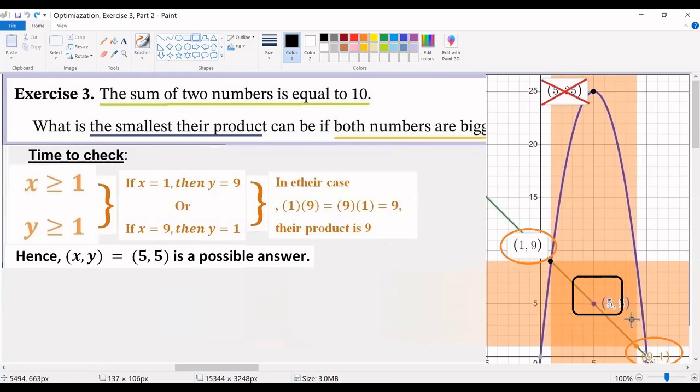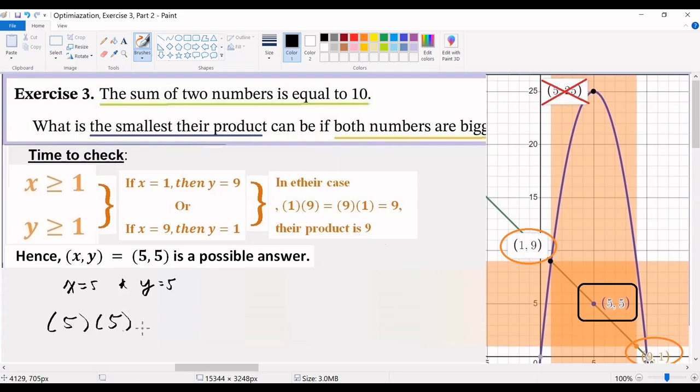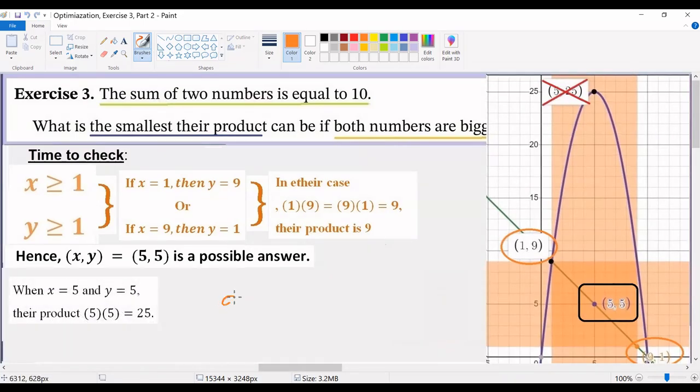Next up, we're going to check 5, 5. We're going to have x is equal to 5 and y is equal to 5, so that we have the product of 5 times 5, which is equal to 25. So we can clearly see 9 is less than 25.